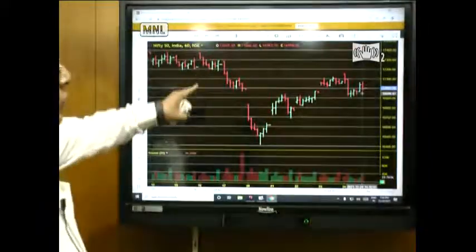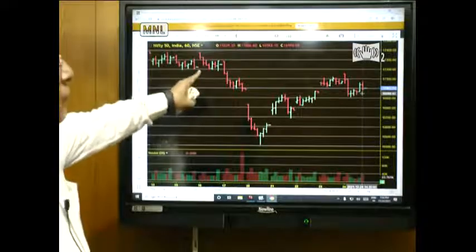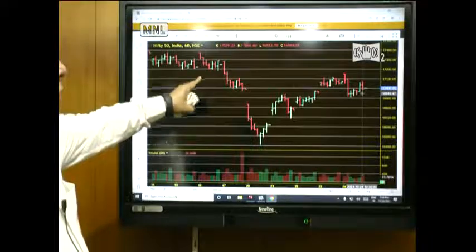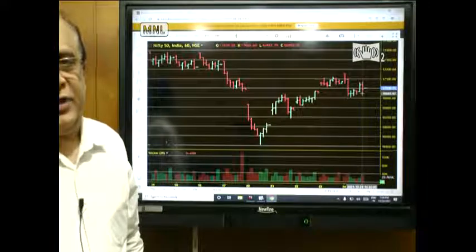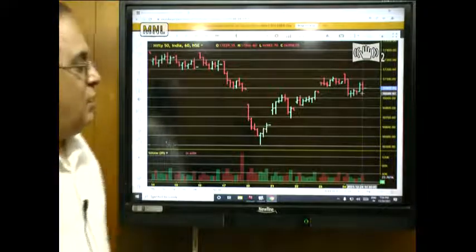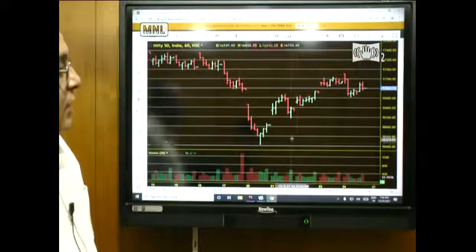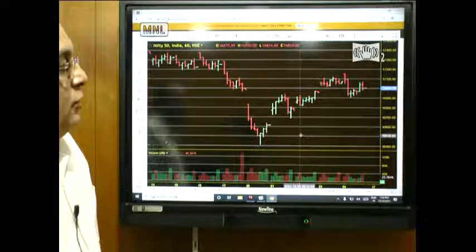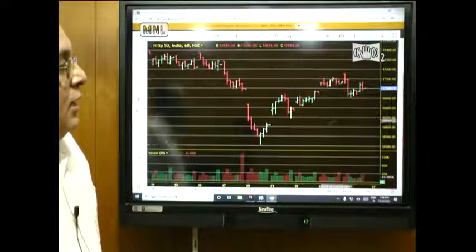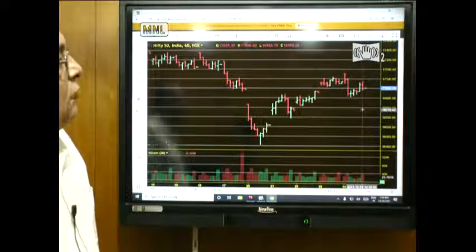So you can sell below 16,983 and keep 17,066 as a stop loss, which means only a difference of 83 points, which is around 0.5%. So you are taking a risk of only 0.5%. And whatever trade that you did above 16,000, probably you would have entered somewhere here at 16,824, 825, and you can get out here at 16,983.